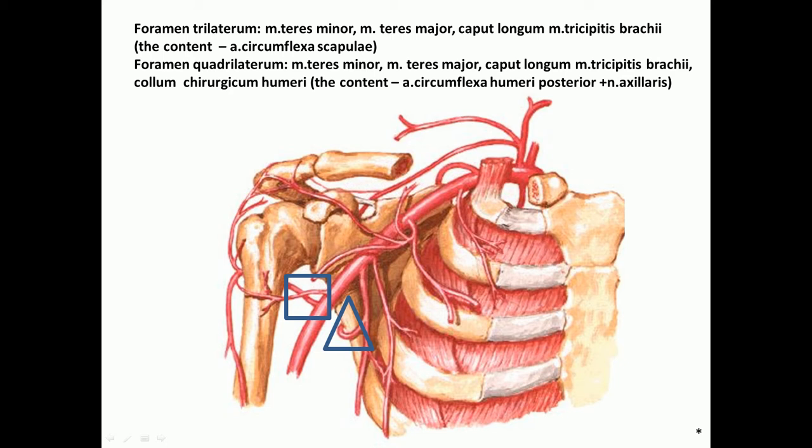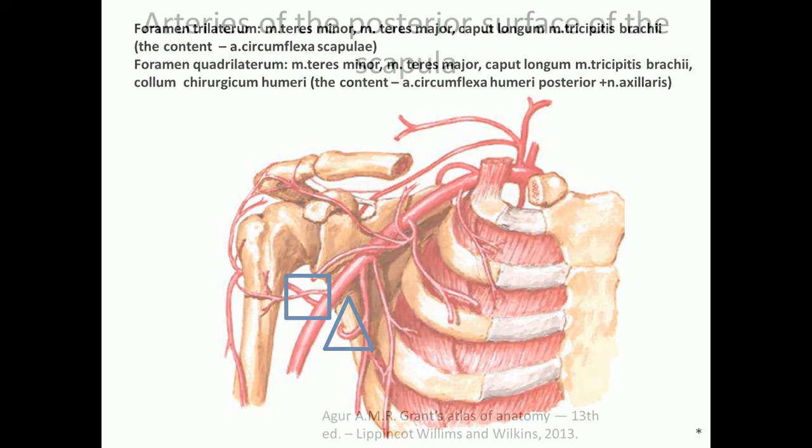And foramen quadrilaterum has as walls musculus teres minor, teres major, caput longum musculus tricipitis brachii, collum chirurgicum humeri, and the content are arteria circumflexa humeri posterior plus nervus axillaris. So it's information for remembering this question.